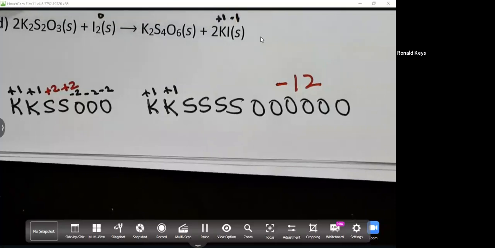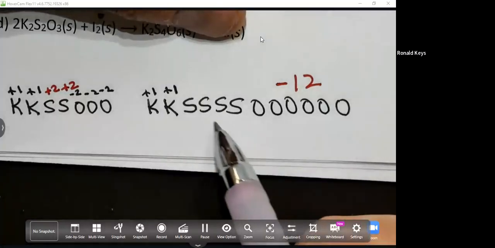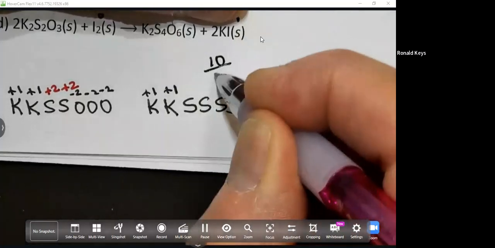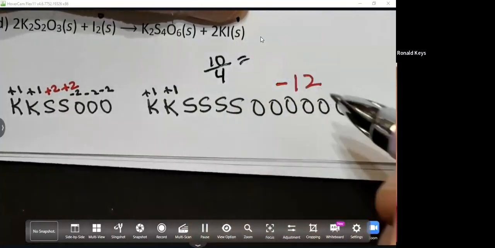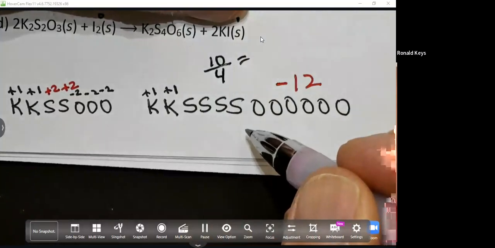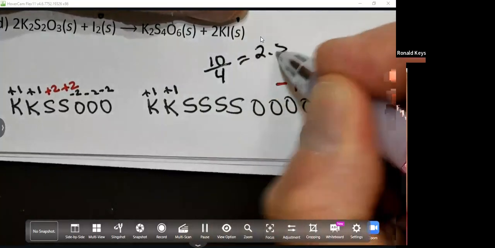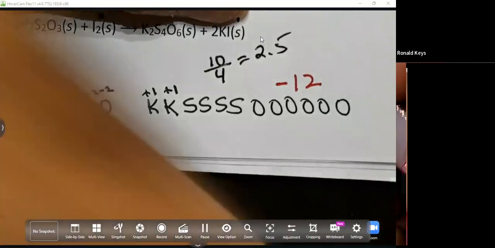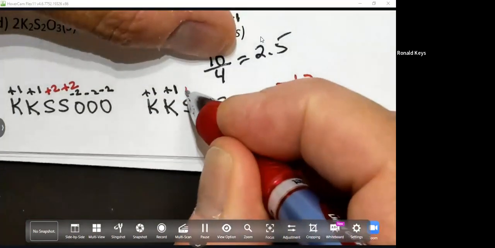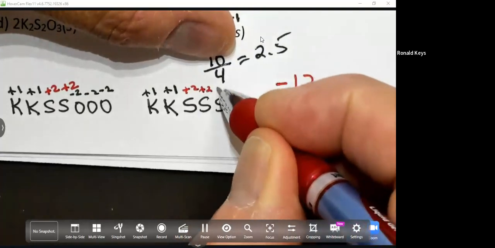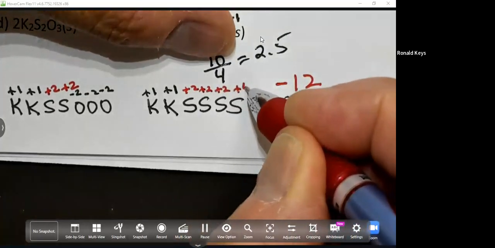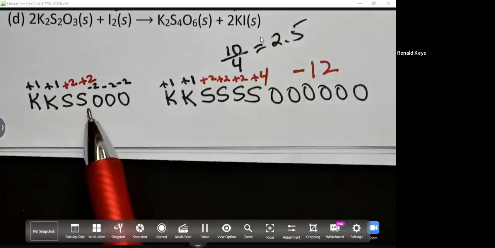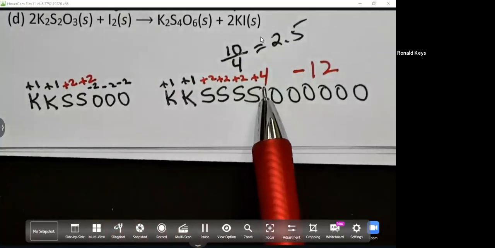I think Al actually does this. If we take 10 divided by those 4, what do we get? 2.5, don't we? You might say, how in the heck can that be? And it actually is this. One of those sulfurs goes from +2 to +4.